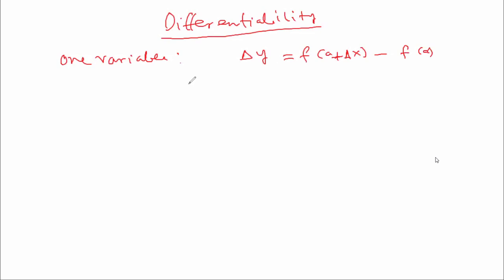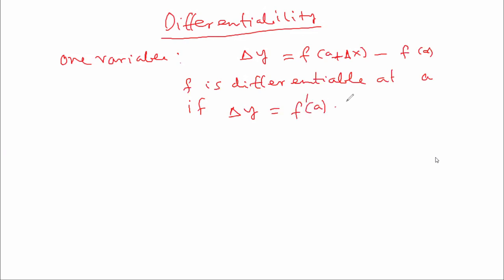So we call f differentiable at a if delta y can be rewritten as f prime a times delta x plus epsilon times delta x, where epsilon approaches 0 as delta x approaches 0. This is the differentiability in a different form.